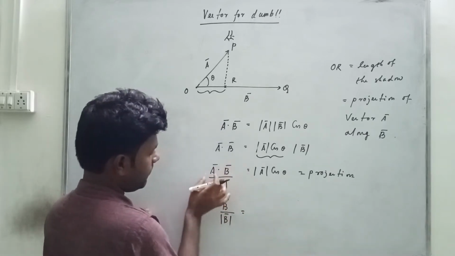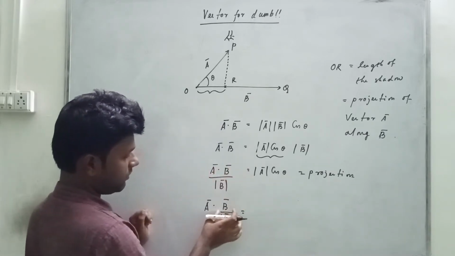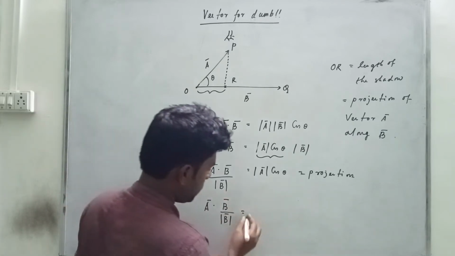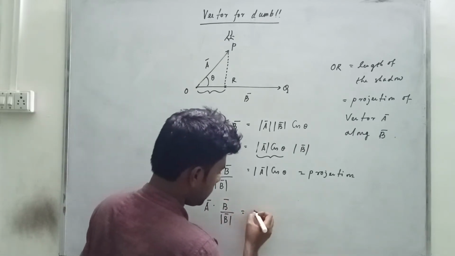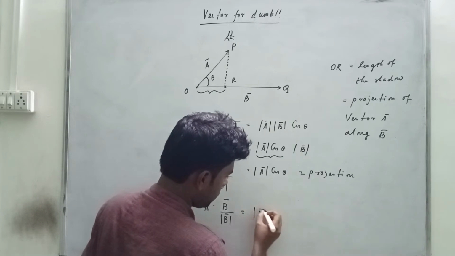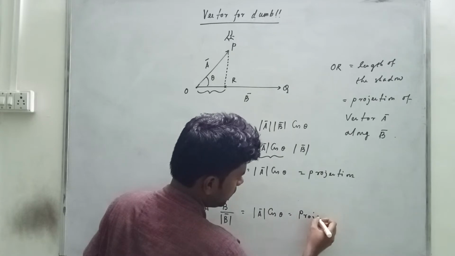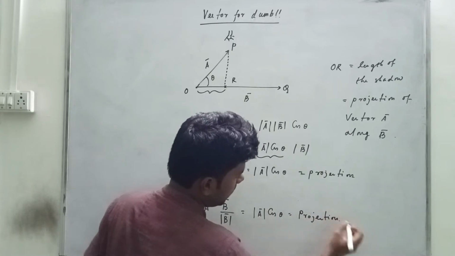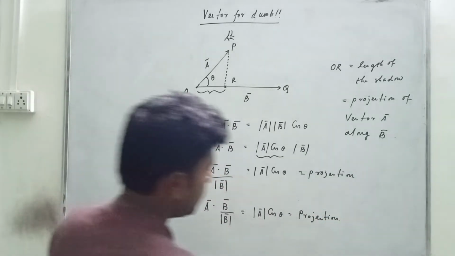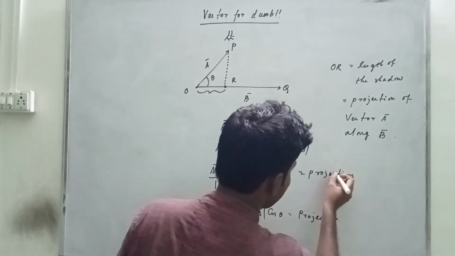Just shift the overall division to the division of B, right? So it is your A cos theta, that means a projection of A along B. It's a very simple case, okay?